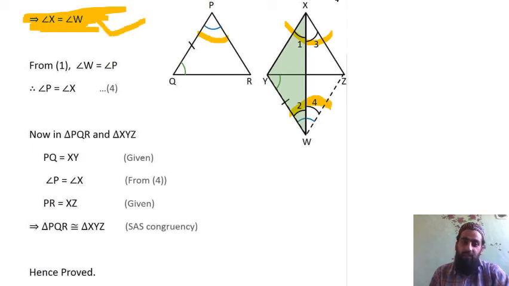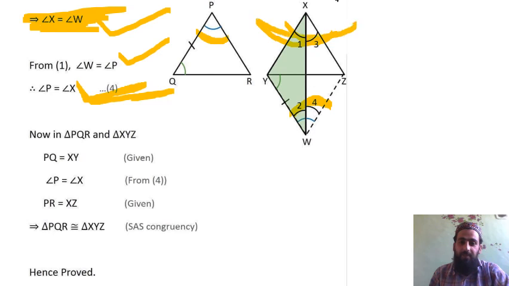So X equals W, but W equals P. What this gives us is angle P equals angle X. Let me choose a different color. This angle P and this angle X are equal to each other.